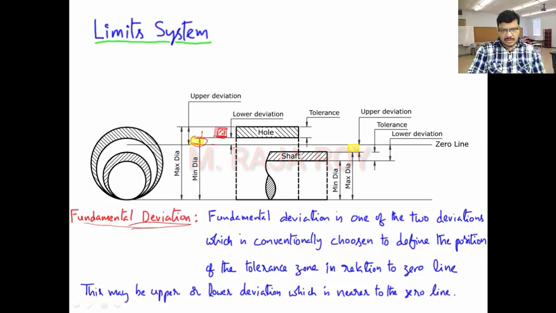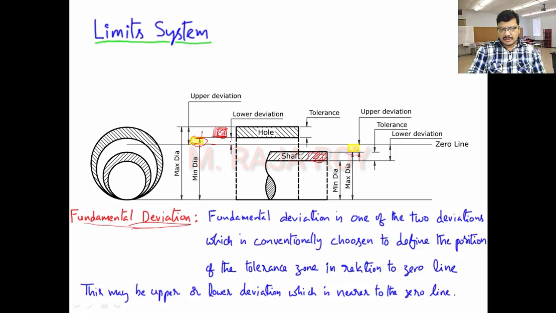Okay. So now coming to the shaft. So this is the tolerance. This is the tolerance zone. This tolerance zone is at this much distance from the zero line. Here this tolerance zone distance from the zero line, you can indicate with the lower limit.